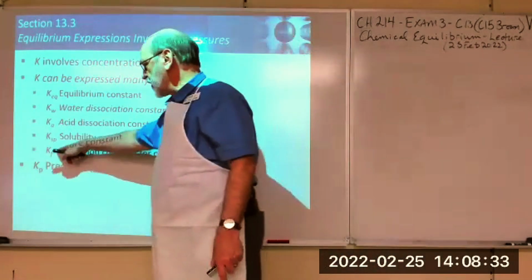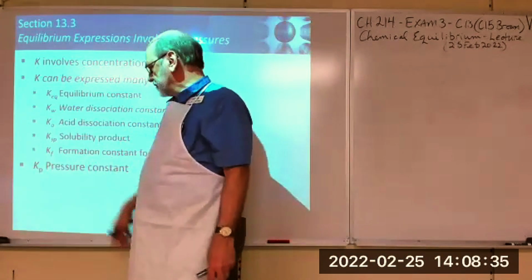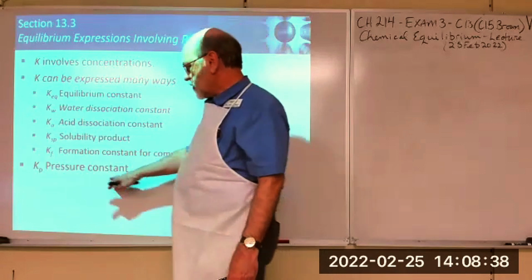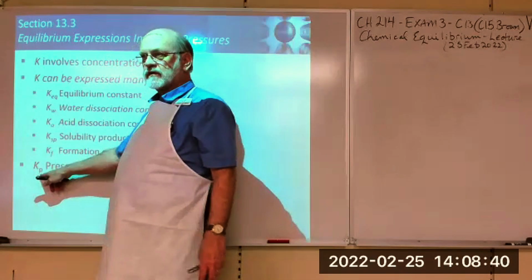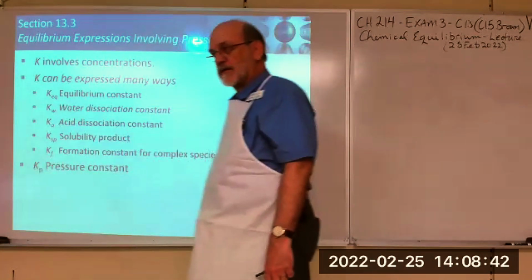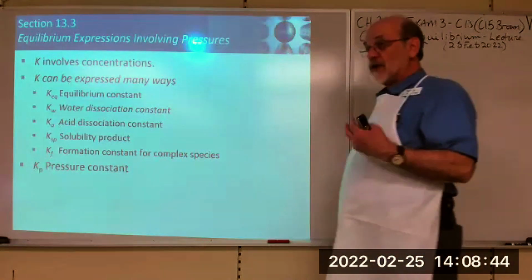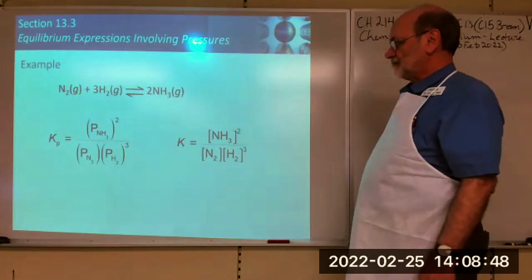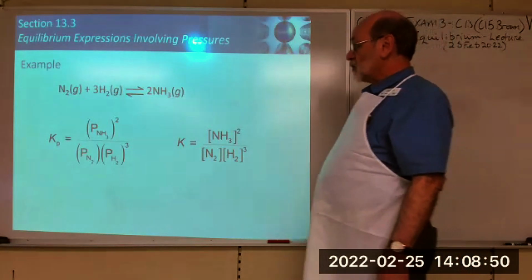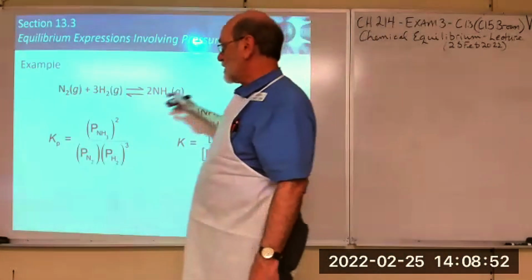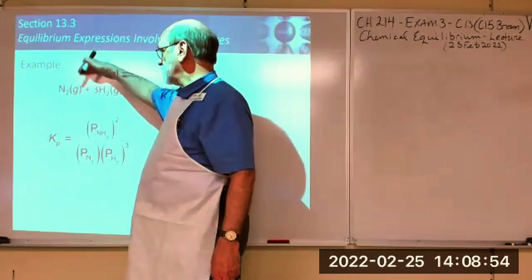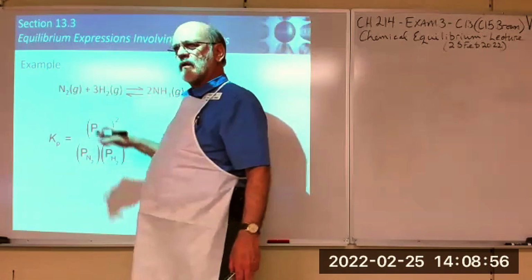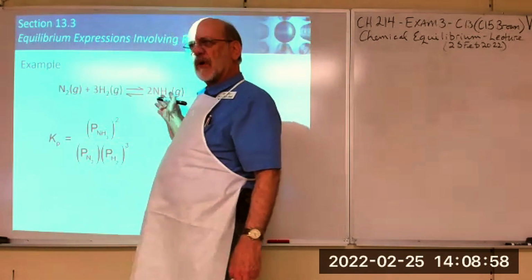But these little subscripts have a meaning. If you're using partial pressures, we'll put a K with a small p. That gives you some idea as to the origin of the units. You can write this expression for the Haber-Bosch process: nitrogen and hydrogen make ammonia.